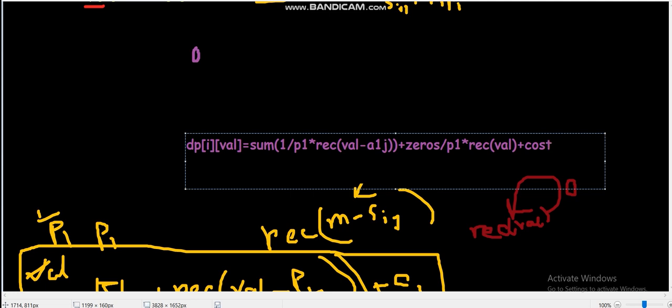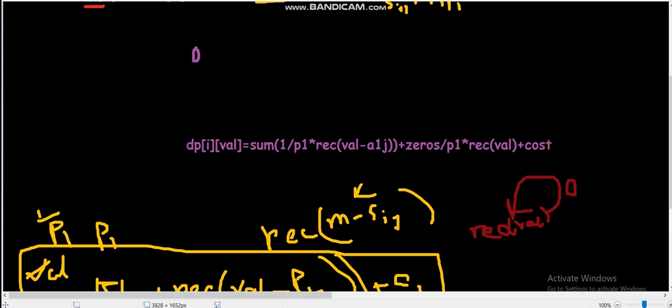If we take these zeros by p1 terms to the left hand side, we will have p1 minus zeros by p1 into dp[i][val]. But rec(val) is nothing but dp[i][val], right? Because we are taking this roulette wheel once, so for the next turn we will take this roulette wheel again, since we are minimizing the value.